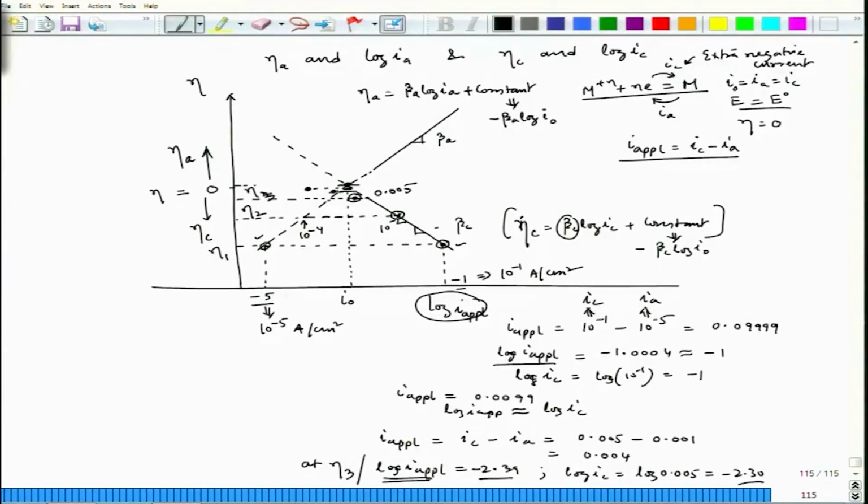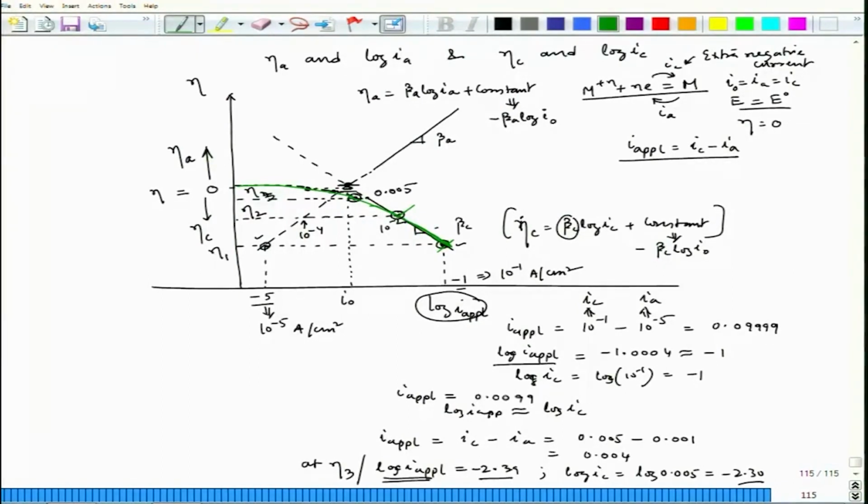So, that point would be meeting somewhere, and then if I try to connect the locus of those points, I get a plot like this, where this portion is a straight line falling exactly on the eta c versus log I c line.